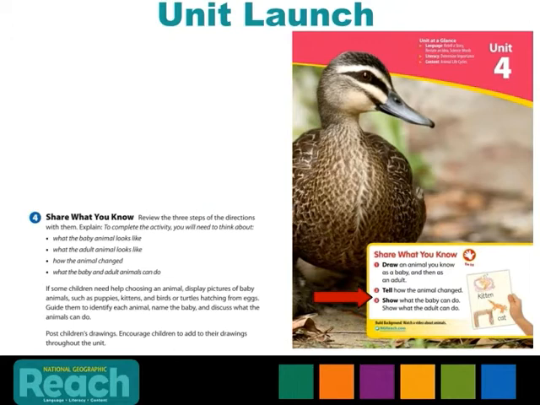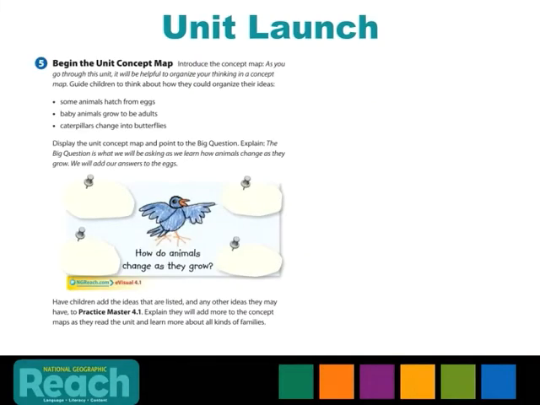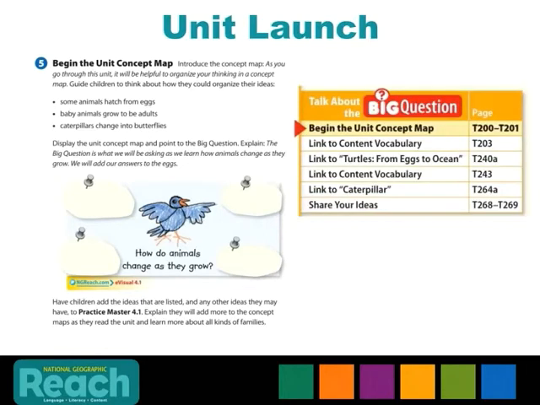As you can see, the directions for Share What You Know are provided right in the student book. The final step in the unit launch is to begin the unit concept map. Students will add to this concept map throughout the unit. Each concept map is tied to the big question for the unit.